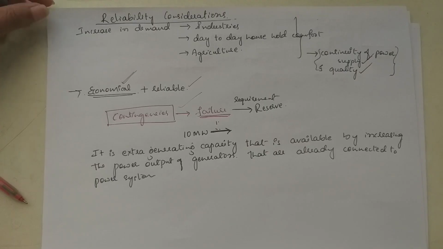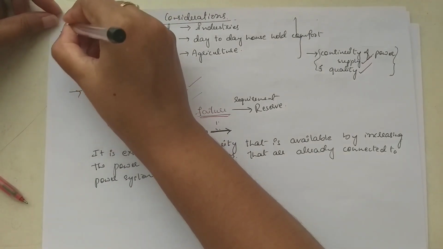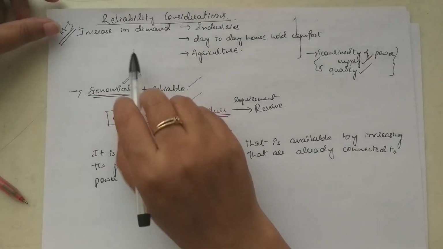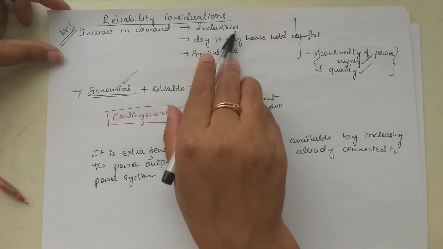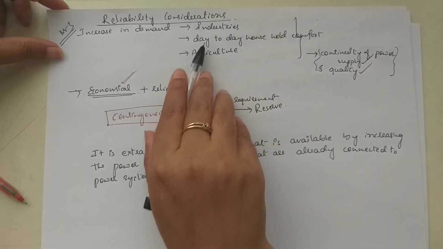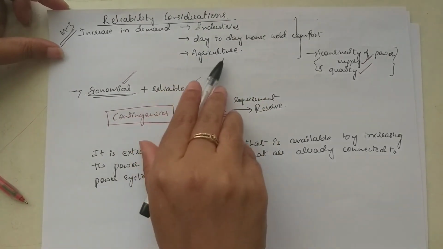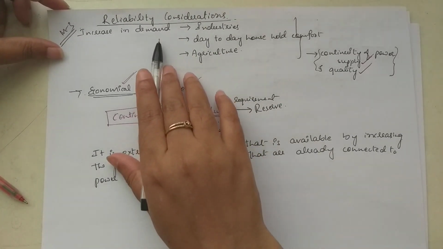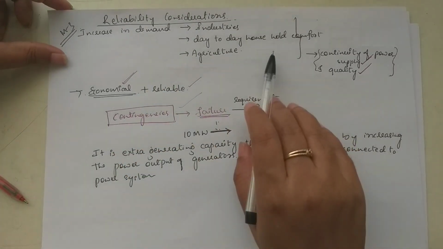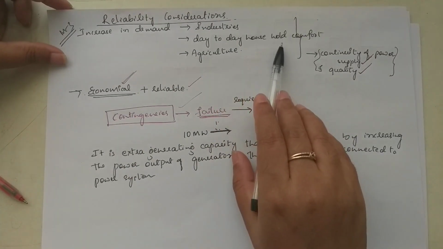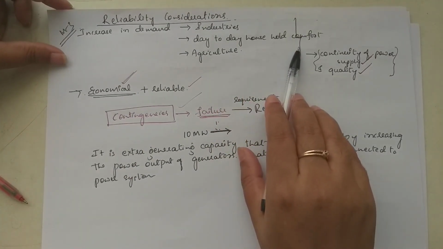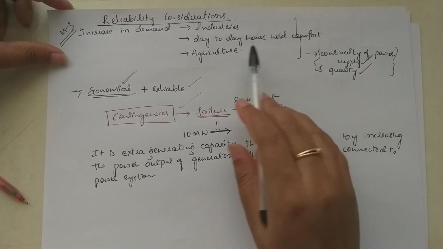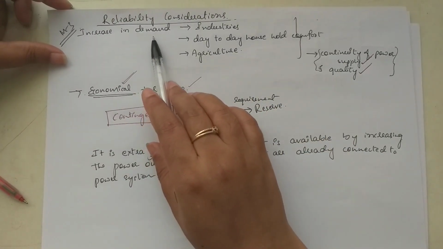The next topic under module 3 is reliability consideration. As industries are increasing, and in the agricultural field the demand for electricity is increasing, and day by day household comforts are increasing, it needs more power supply.